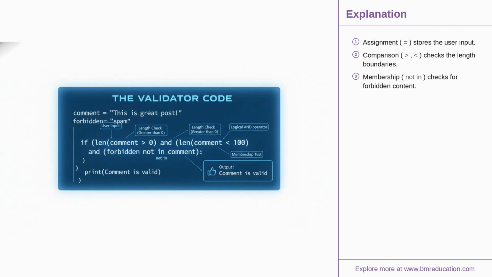We assign the user's input to a variable. Then, we use a single if statement that combines our rules. We use comparison operators to check the length, the not in membership operator to check for forbidden words, and the and logical operator to ensure all conditions are met. See how they work together to create one powerful piece of logic.